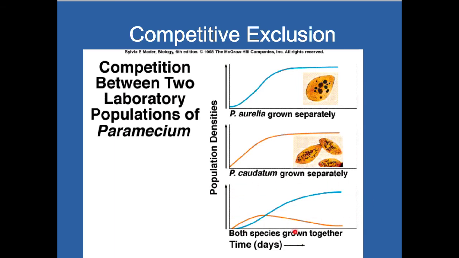But if they're grown in that environment together, the blue ones tend to do the same, but the orange ones do not do well because the blue ones are consuming all the resources. So therefore, the blue ones are excluding the orange ones from the environment. They're outcompeting, and therefore the other species does not do well at all. Competitive exclusion.